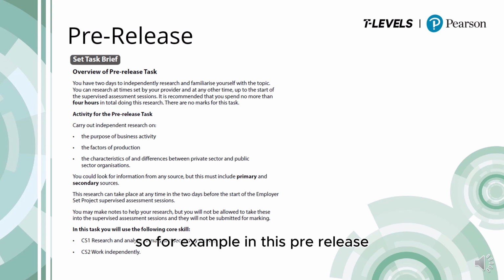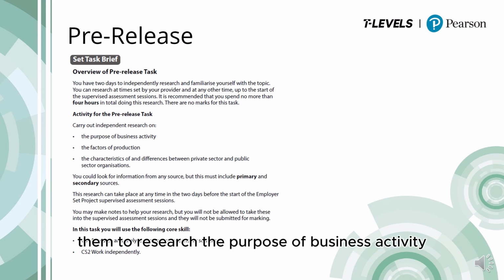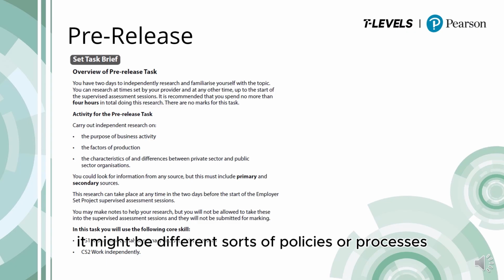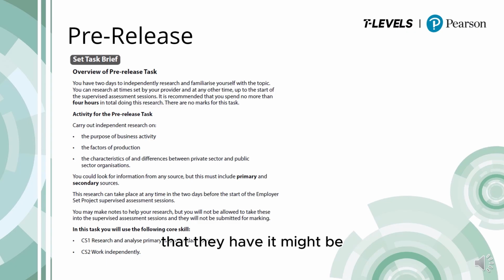So for example, in this pre-release, you can see that it's asking them to research the purpose of business activity, the factors of production, and the characteristics of and differences between private sector and public sector organisations. So the students might go off and look at maybe different ways they do their accounting. It might be different sorts of policies or processes that they have.